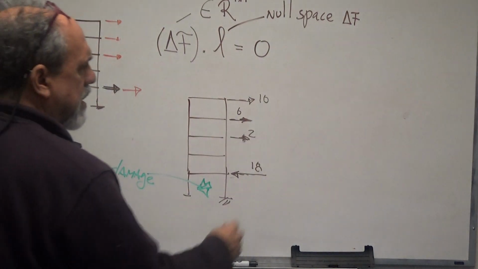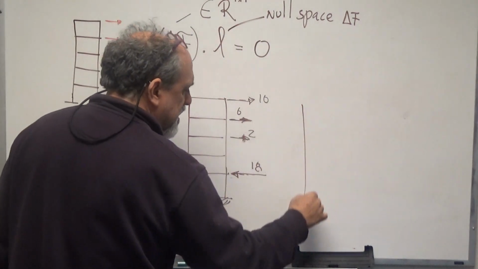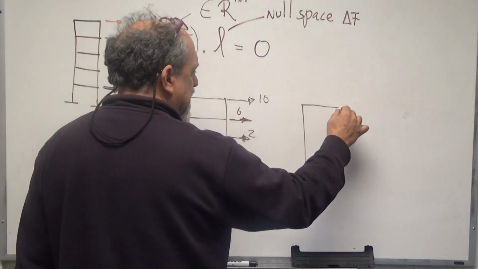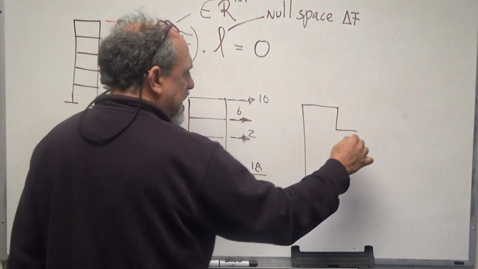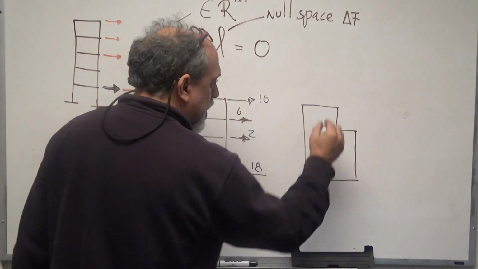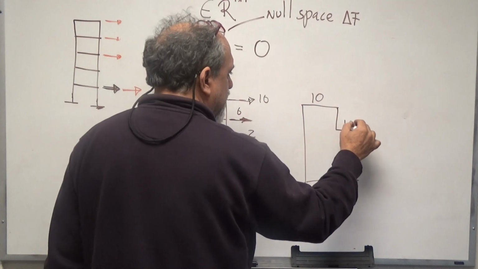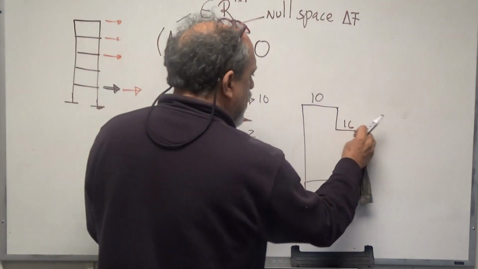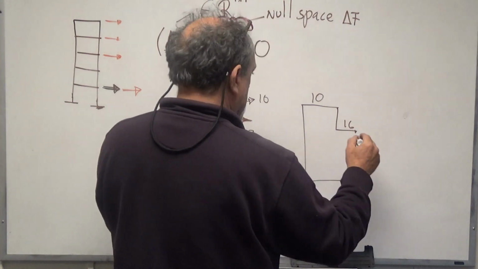That vector, which I just drew there, could be the vector L from the null space if the damage was here. Because what that means, since this is a shear building, is that the shear stress here is 10, then is 16, then is 18, and then is 0.